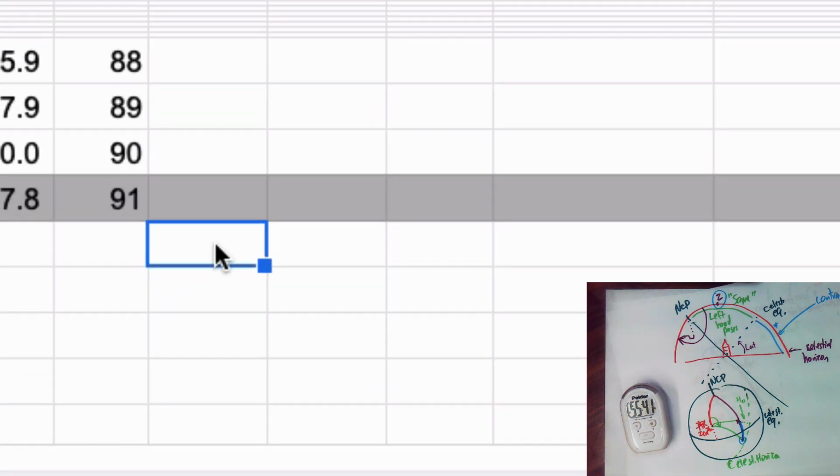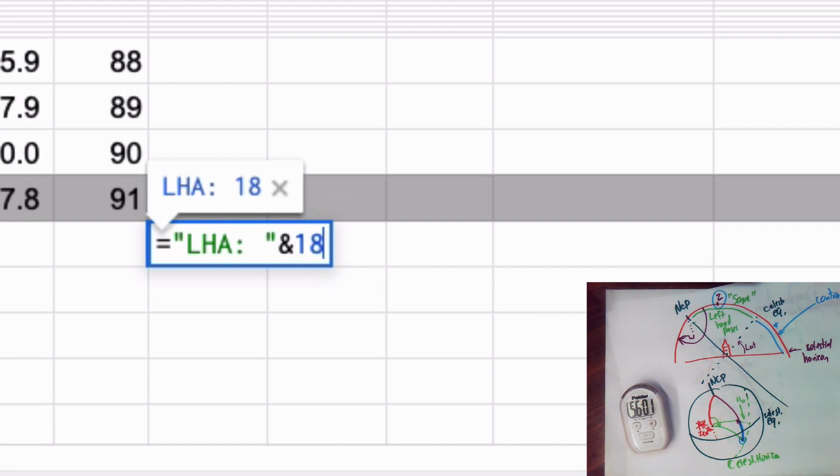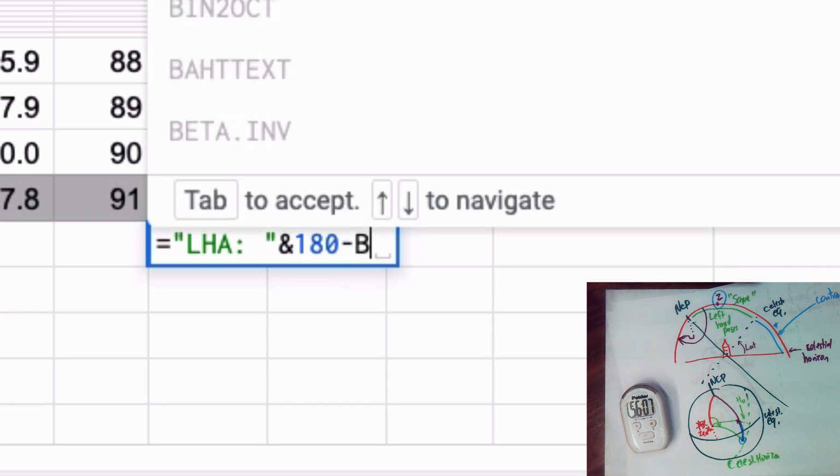All right, so we're going to do equals, and then we're going to put in just a little announcement, LHA, colon, space, and then we'll do an ampersand. All right, now we want to change this to the other side of the celestial sphere. So we're going to be doing 180 degrees minus our original LHA, which was over at cell B2.